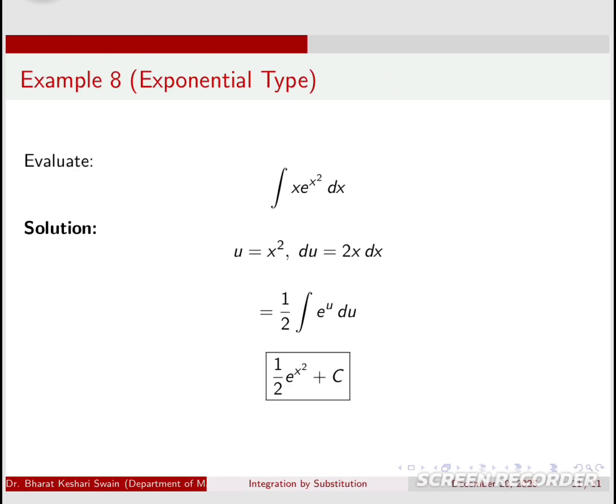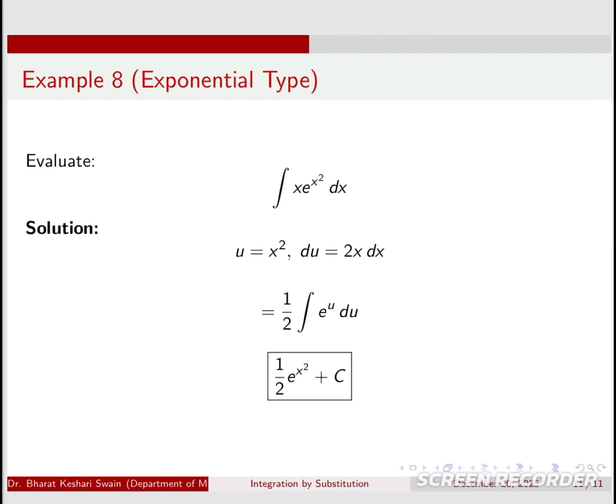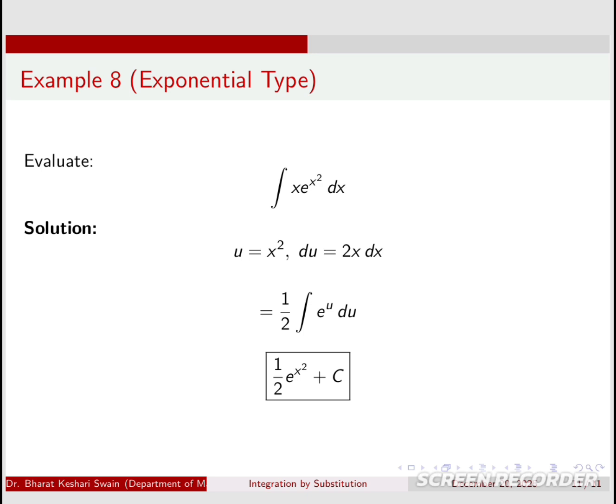Now this is another example. Another example is the exponential type. This is one of the important questions for your exam: integration of x into e to the power x square dx. So see here what we have to substitute.